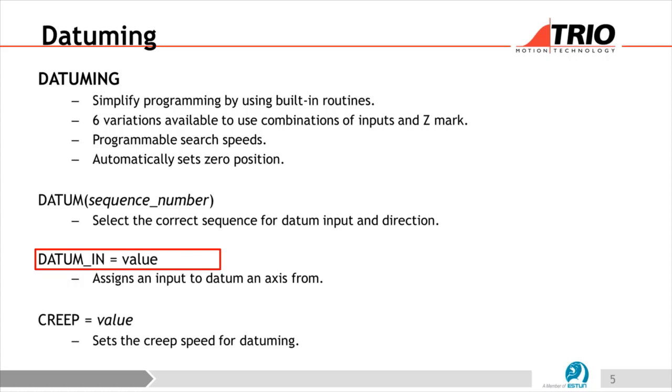So you datum it by an input. If you turn on input 0, for example, that datums the axis. And CREEP sets the creep speed for the datuming. So once you reach the home switch or the datum position, it will have a certain speed to stop there.